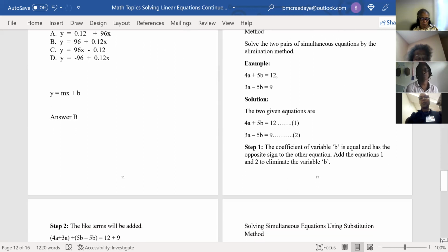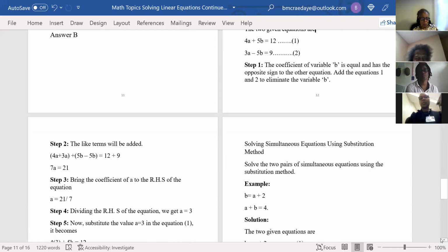So you can add the equations to eliminate the b, and then you'll have just the one unknown. When we add those equations, we get 4a plus 3a, 7a. This is eliminated. 12 and 9 is 21. So 7a is 21. Solve for a, 21 over 7, and you get a equals 3.